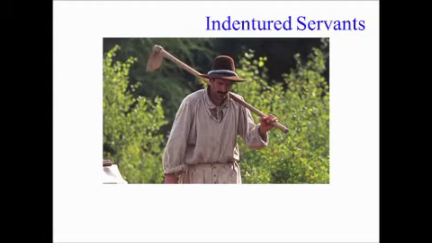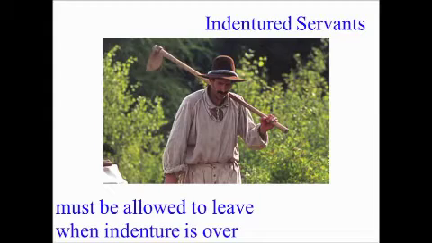The result of the indenture being up and over with was that the farmer had only solved his labor problem temporarily, right? And this is definitely something that you want to write on your chart for result. They must be allowed to leave when the indenture is over. So this was not a permanent solution.